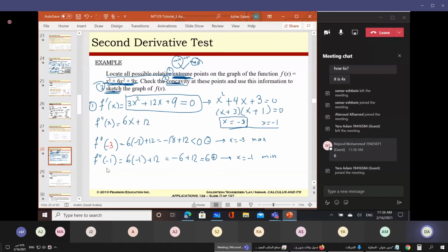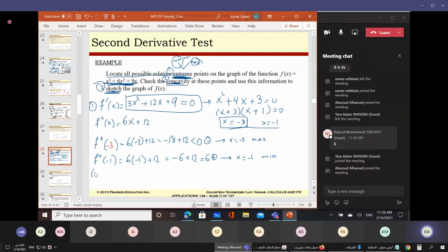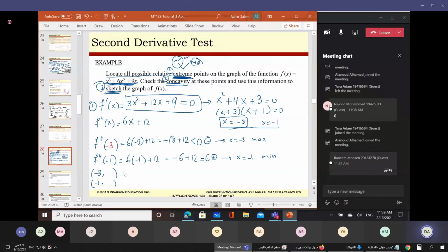Now, to write the correct answer, I have to find the y component, the exact point. So it will be minus 3 and f of minus 3, and minus 1 and f of minus 1, and say that the first is a local maximum and the second is a local minimum.